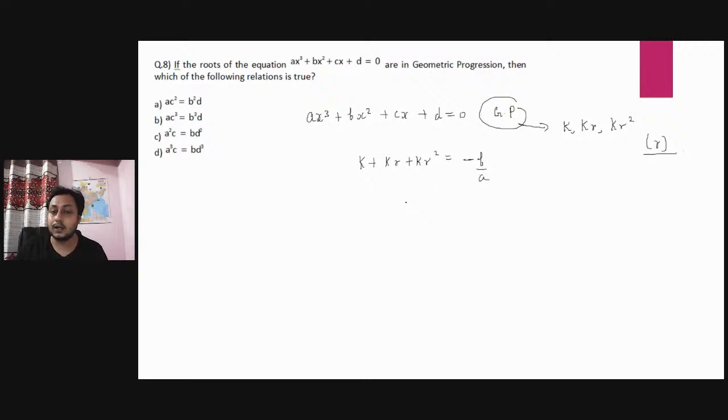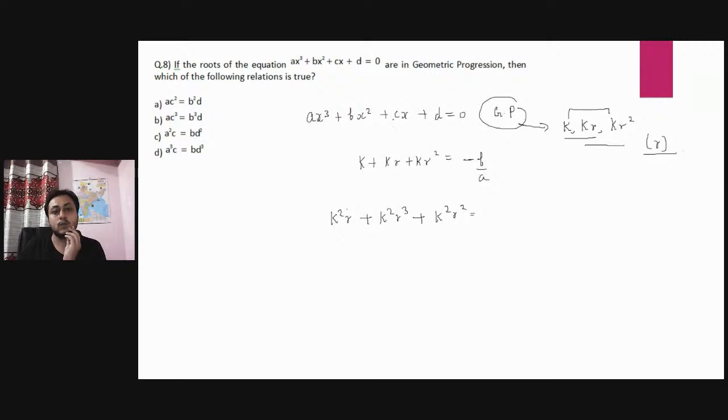Now the sum of the roots taken 2 at a time: k into kr, that should be k square r, plus k square r cube, plus k square r square, right?